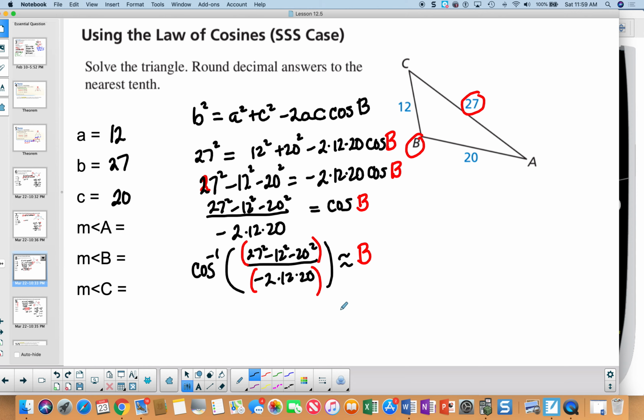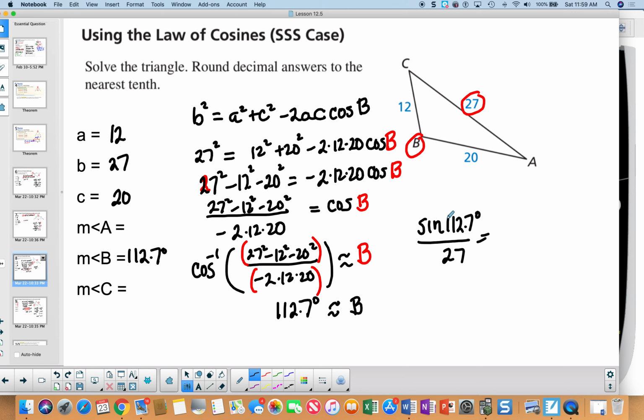And if you do that, and you ought to really check your work to make sure you can do that, you will get 112.7 degrees. So angle B will be 112.7 degrees. Now to figure out the other angle, you're going to go to sine. So now that we know angle B, it's sine of 112.7 degrees all over 27.